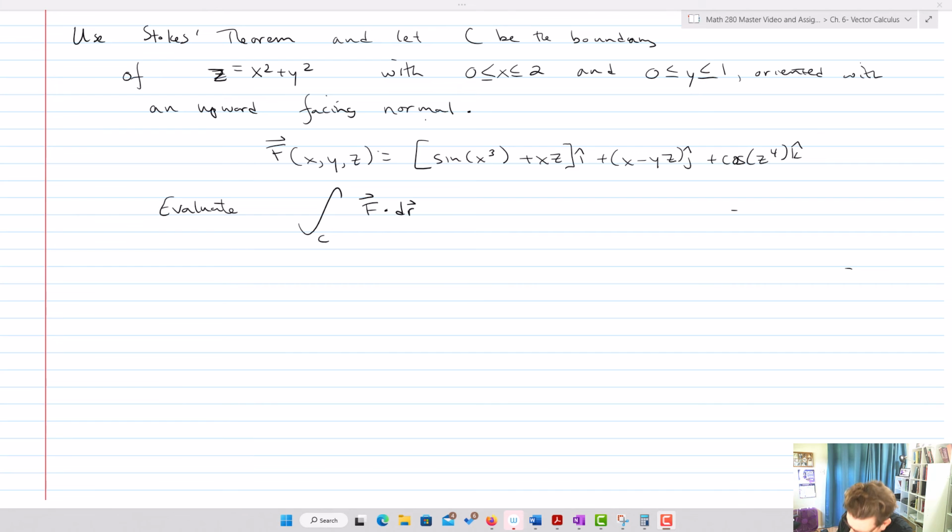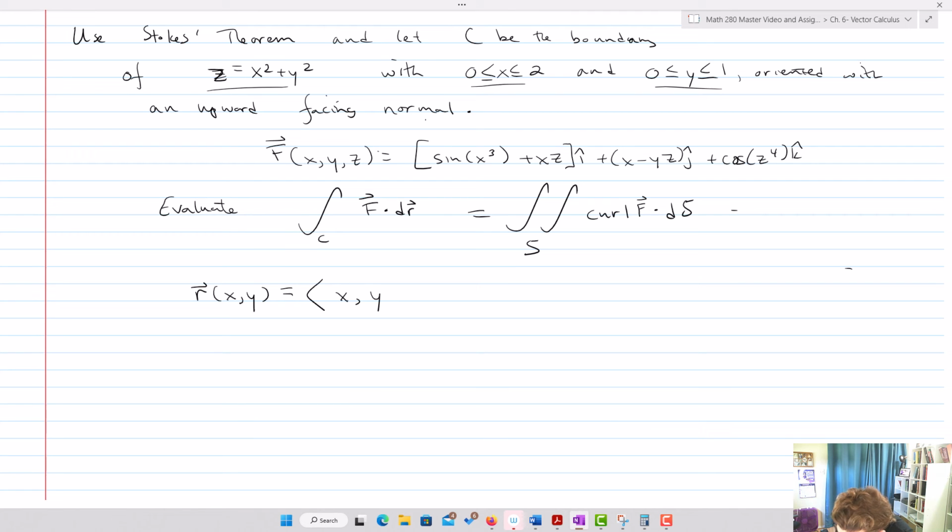So what I'm going to do is let this be by Stokes. This means that I'm going to find the surface integral of the curl of f dot ds. My parameterization for my surface is actually already given, so that's kind of cool. I'm going to let r of x, y, we'll just choose x, y, equal x, y, and x squared plus y squared.